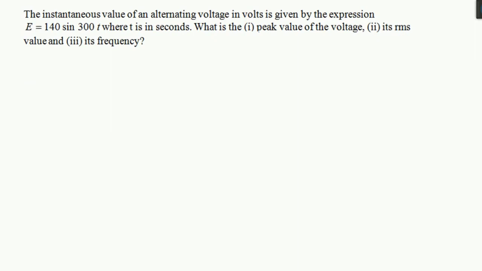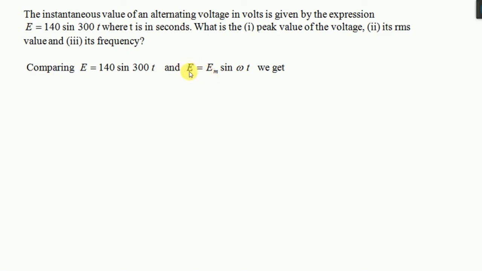So in this question the equation of AC voltage is given by E is equal to 140 sine 300t, and t is in seconds, and we have to find the peak value of the voltage and RMS value and the frequency. So I'll compare this equation with the general equation of AC voltage, that is E is equal to Em sine omega t.